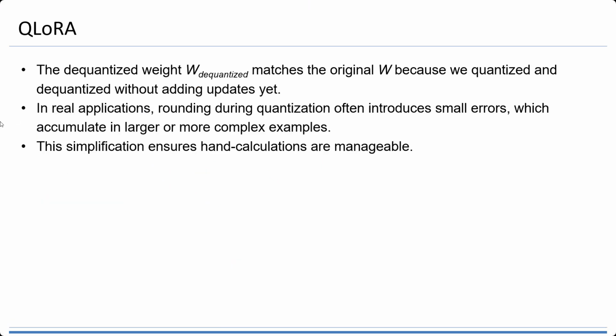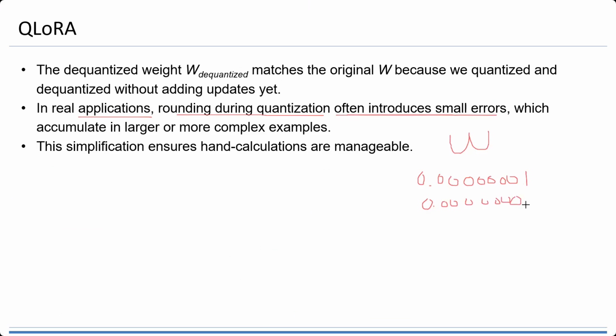But in the real application, rounding during quantization often introduces small errors, because the numbers that I put here are very clean. In the modeling, when you have the weights, the values will be like 0.00000001 maybe, or some values between 0 and 0.000000.